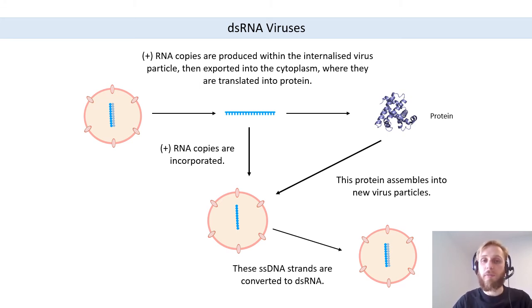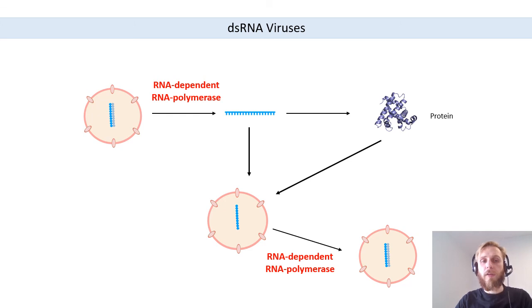As we've said many times, the end point of genome replication has to be the same as the start point. These are double-stranded RNA viruses, so the start point is double-stranded RNA, and the end point can't be just a strand of positive sense RNA. It has to be double-stranded RNA. So the last stage is where the positive strand of RNA is used to produce a complementary negative strand of RNA, thus completing the double-stranded RNA structure.